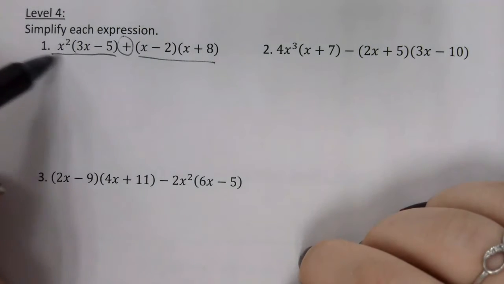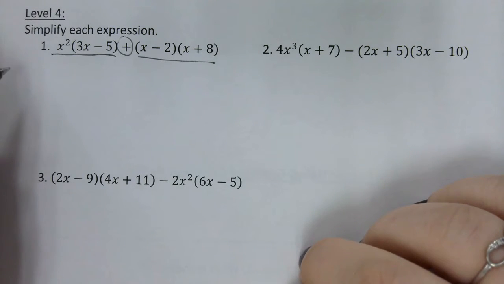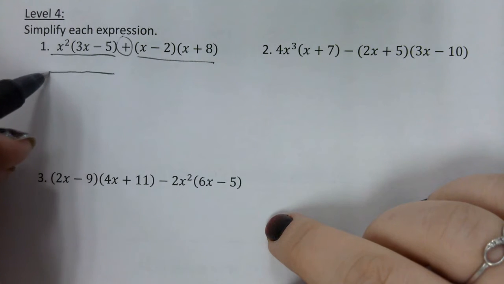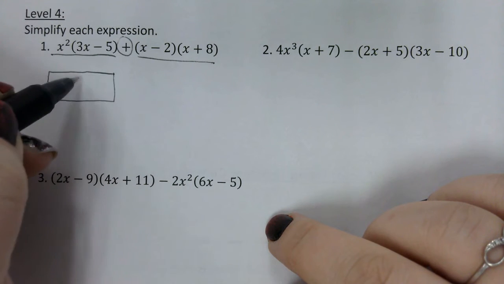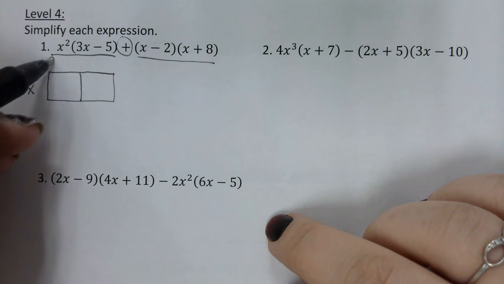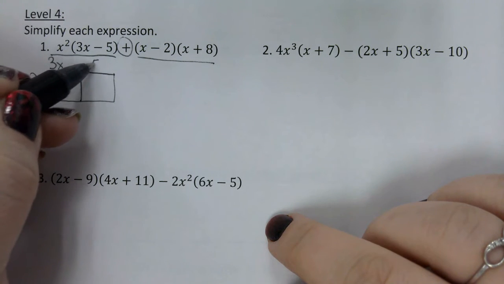So let's do the first one. We have one term times two terms. So we'll need a 1 by 2 box. X squared times 3x minus 5.